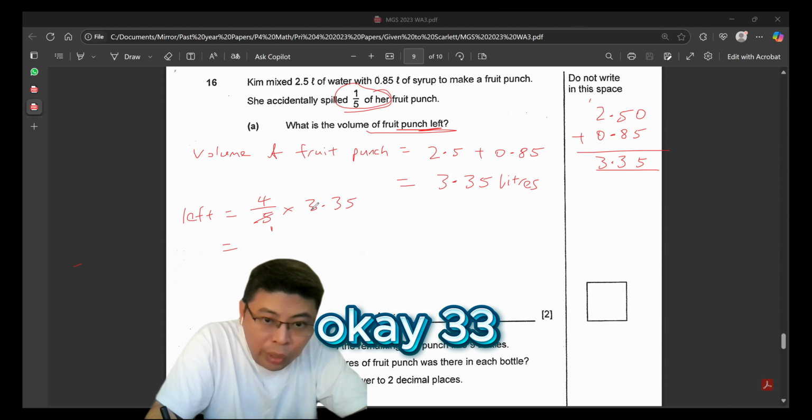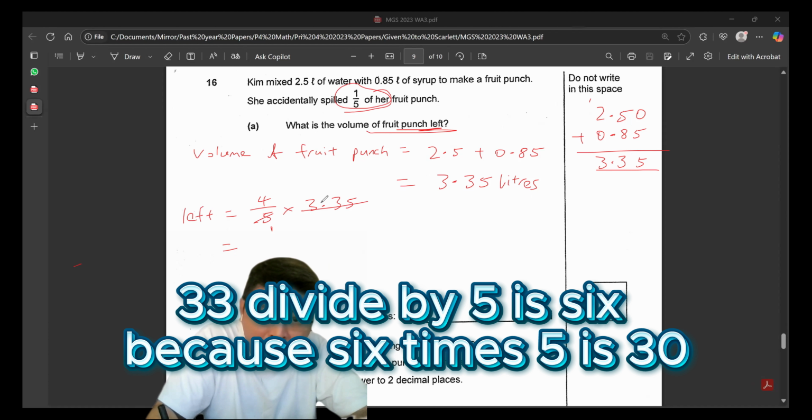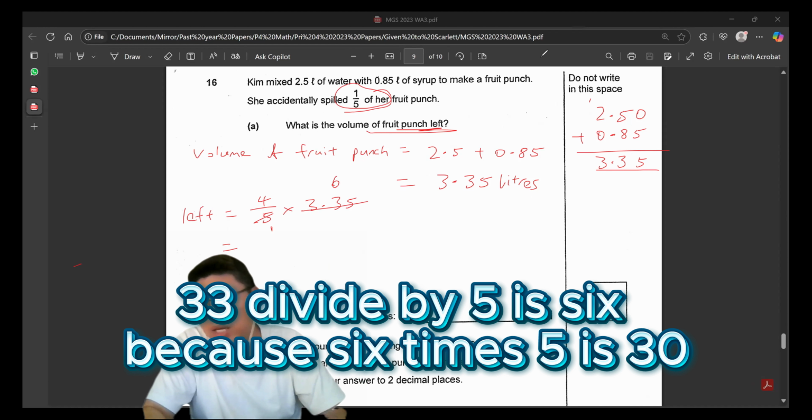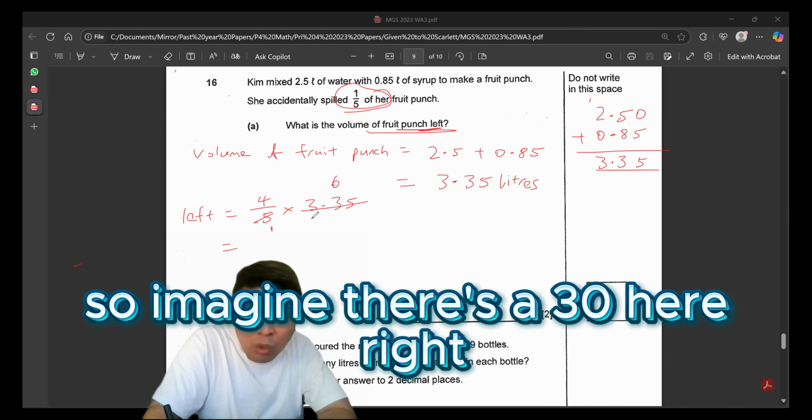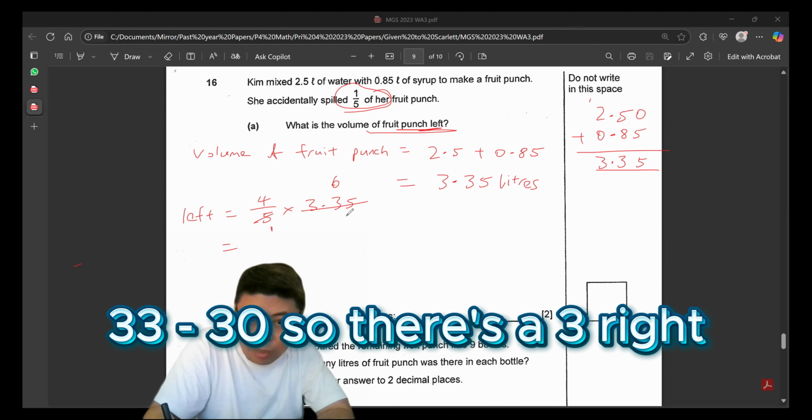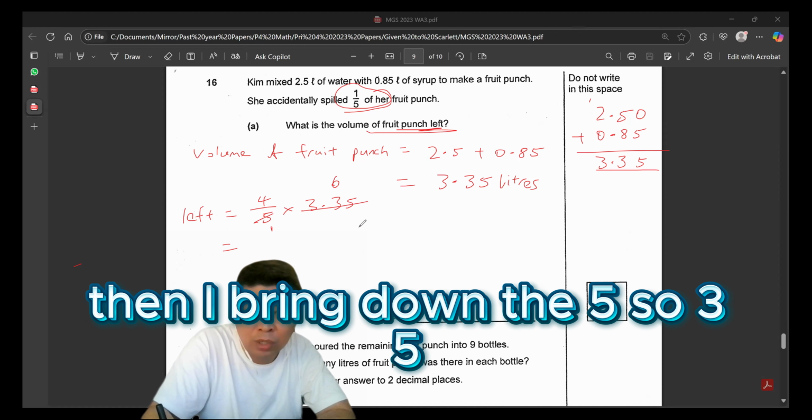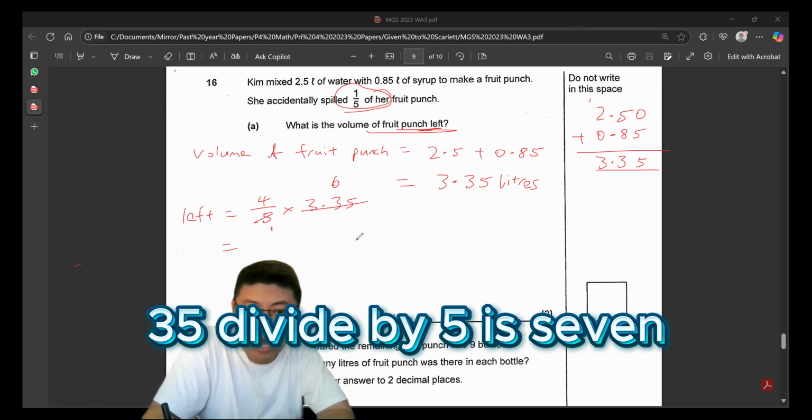33 divided by 5 is 6. Because 6 times 5 is 30. So imagine there's a 30 here, right? 33 minus 30. So there's a 3, right? Then I bring down the 5. So 35. 35 divided by 5 is 7.